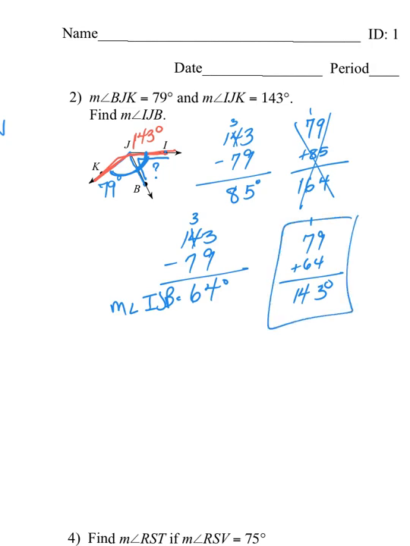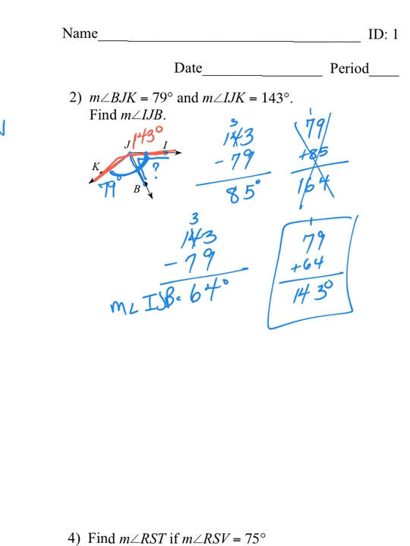I did that correctly. Now, I can also look at this algebraically, because remember, anytime I mention that two smaller angles will always add to the larger angle. So let's break that down and look at this a different way.